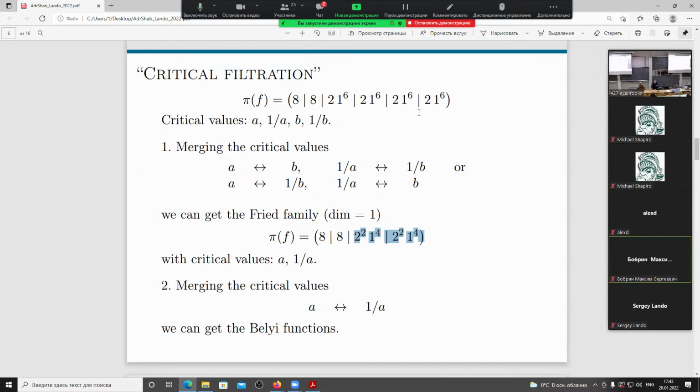So when we have a Fried family, it's actually a curve in the moduli space, and there is a Belyi function defined on this curve, on the base of the Fried family. This Belyi function can be understood as a cross ratio of 4 critical values. You have a Fried family.